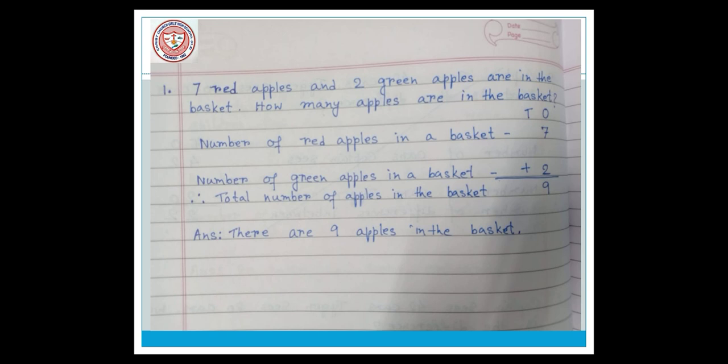Therefore, total number of apples in the basket is equal to 7 plus 2 is equal to 9. And the answer is there are 9 apples in the basket.